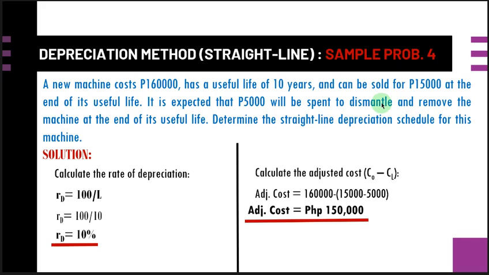Actually this is our value after its useful life, which can be sold at 15,000 pesos at the end of its useful life, but it is expected that an amount of 5,000 will be spent to dismantle and remove the machine. That is why we have this 15,000 minus 5,000 pesos here. So we have now this adjusted cost equal now to 150,000 pesos.